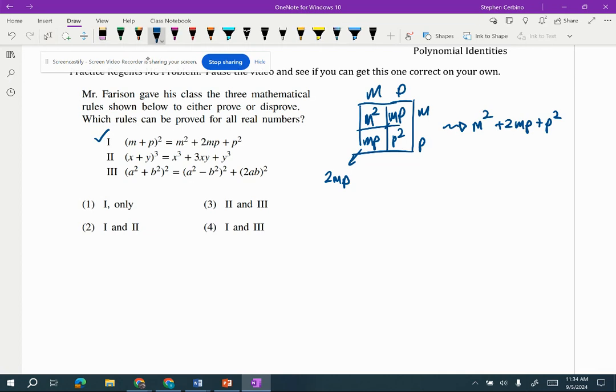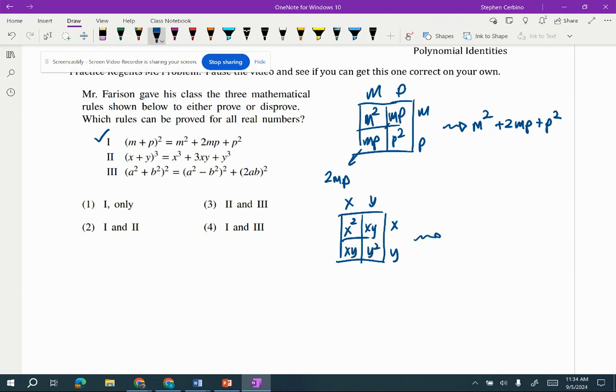So for the second one, we have x plus y to the third. So really, when we have something to the third, it's saying x plus y times x plus y times x plus y. We can only multiply 2 things at a time, so let's multiply 2 x plus y's first. X plus y, x plus y. So x times x is x squared. We have xy, xy, and we have y squared.